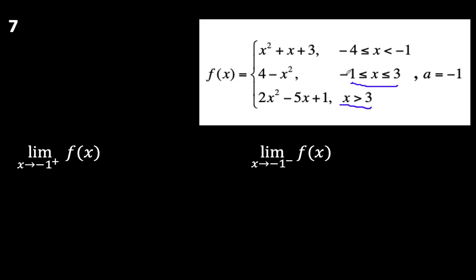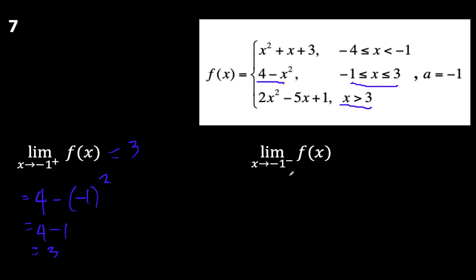So the condition is within this range, I mean, within the range of the domain. And of course, we're going to consider this subfunction. So our x is negative 1, therefore 4 minus negative 1 squared is equal to 4 minus 1, which is equal to 3. So this is equal to 3.